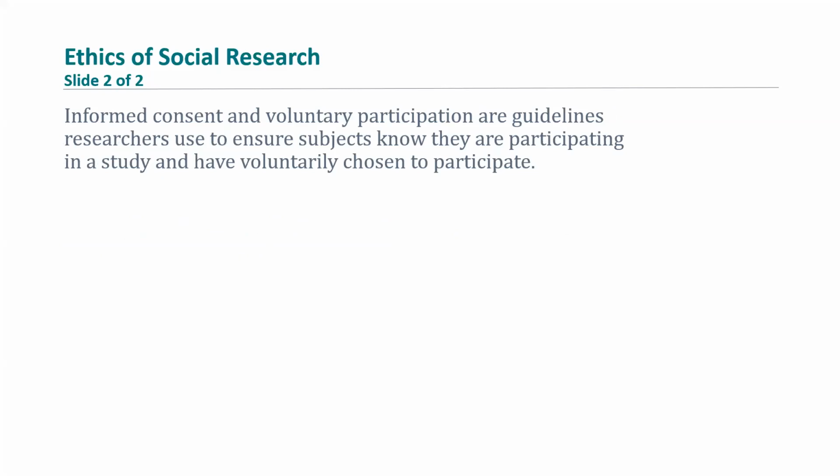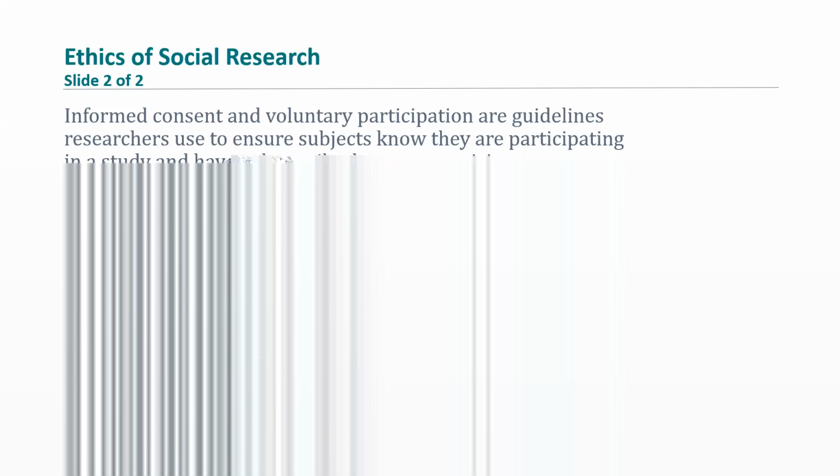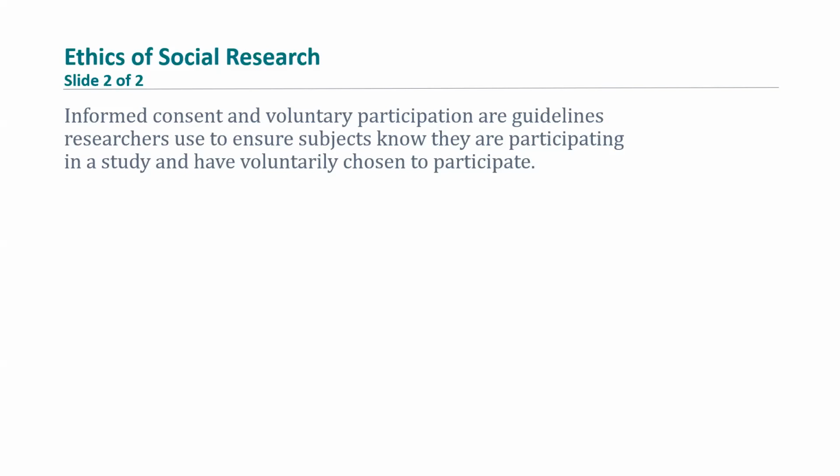Informed consent is both written and oral, and it outlines who the researcher is, the title of the study, and the purpose of the study. As a participant, you must understand that it's voluntary and that you can quit at any time.